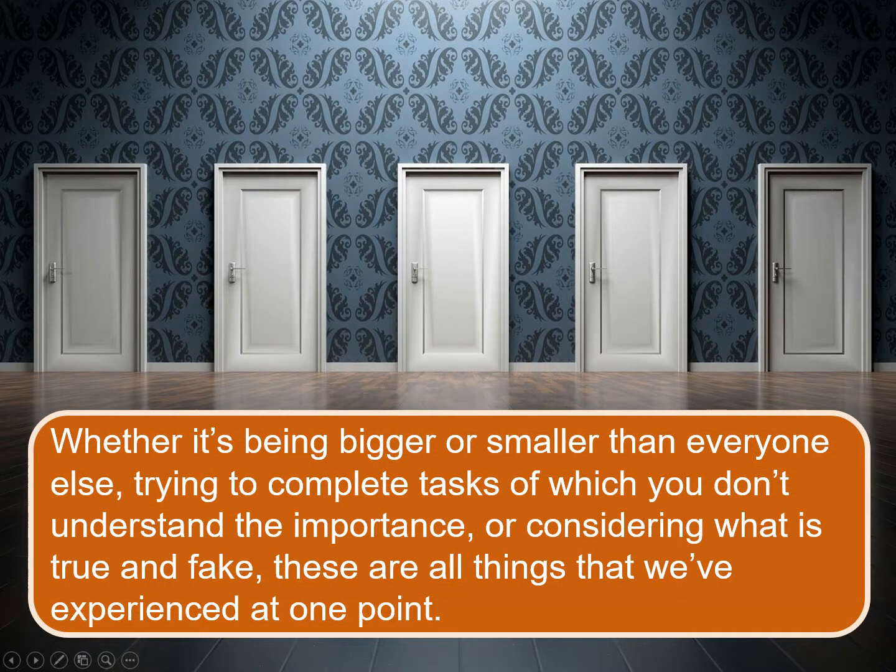Whether it's being bigger or smaller than everyone else, trying to complete tasks of which you don't understand the importance, or considering what is true and fake. These are all things that we've experienced at one point.